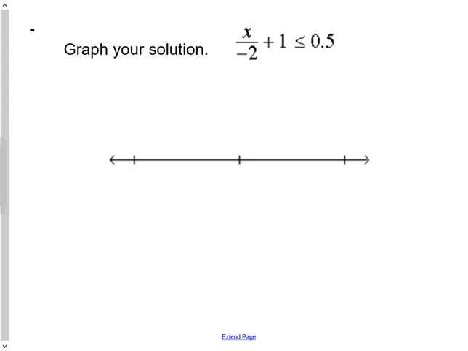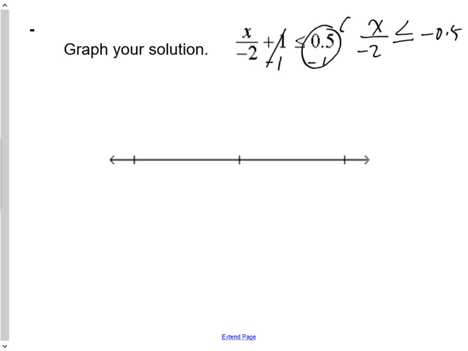And our last inequality is x divided by negative 2 plus 1 has to have a value less than or equal to 0.5. I'm going to subtract 1 from both sides to get x divided by negative 2 is less than or equal to negative 0.5. The sum of a half and a negative 1 is negative 0.5.